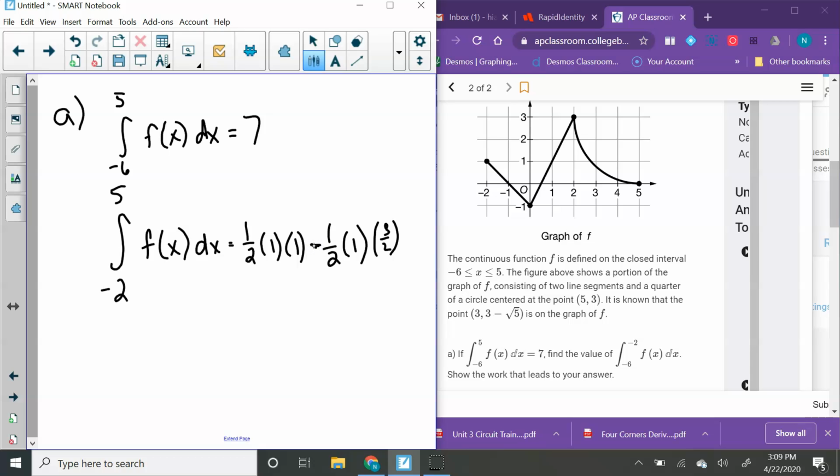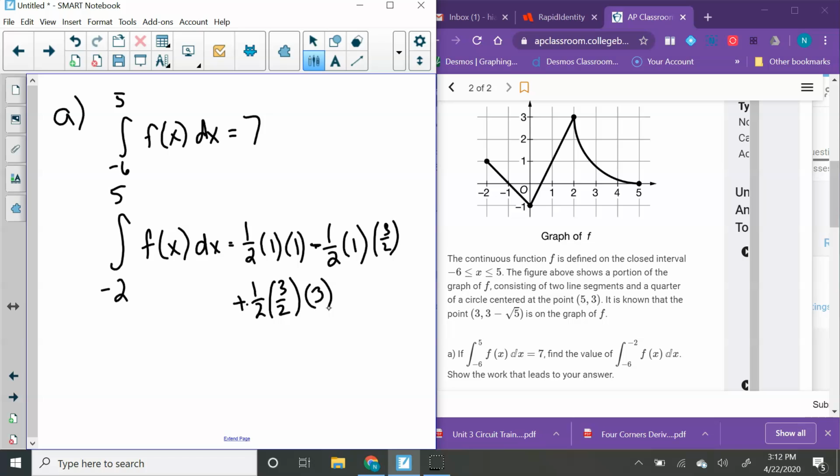And then the next part, we have a triangle right here. So this area right here, this triangle, we're going to have 1/2 times 1.5, which I'm going to write as 3/2, times a height of 3.